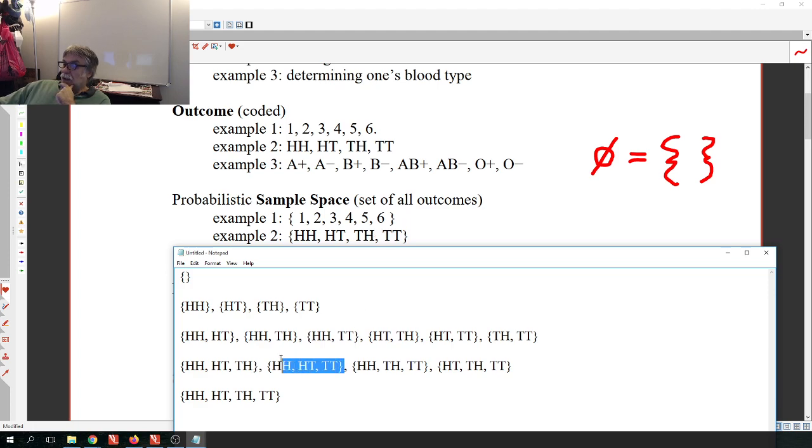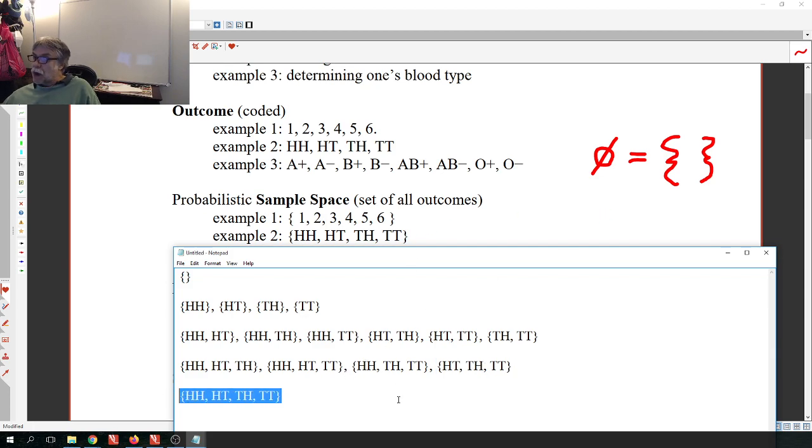The second event, I took everything from the sample space except TH. The third event here, for the 3 out of 4, I have everything but the HT, and the last one I have everything but HH. So I tossed the first one out. And finally, I have the whole sample space itself.